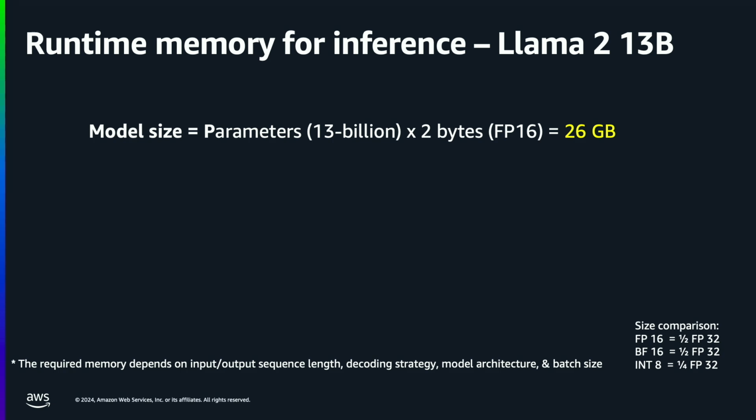Now, these I've shown FP16 here, and that means that it's a quantized model size to use 2 bytes per model parameter. Now, quantization is a technique to compress the model size by converting high precision floating point representation to a lower precision like FP16 or BF16 or even int4 or int8.